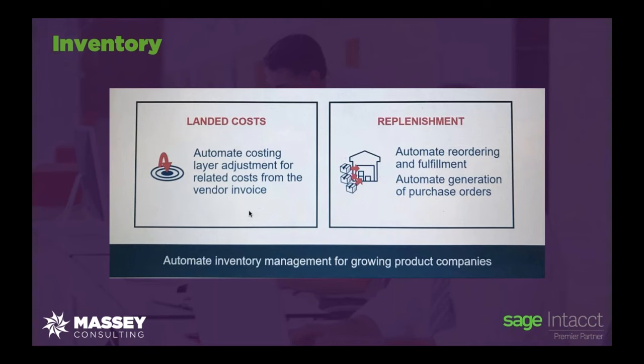It's going to look at your inventory, it's going to look at POs already issued, it's going to look at sales orders, and pull all that information together and then generate purchase orders for the items that you need to purchase. Okay, so it's part of that focus that Intacct has on the inventory module and somewhat on the distribution market space to be able to grow that. So some of the foundational features of that are here with landed cost and replenishment. So it's exciting to see those in.